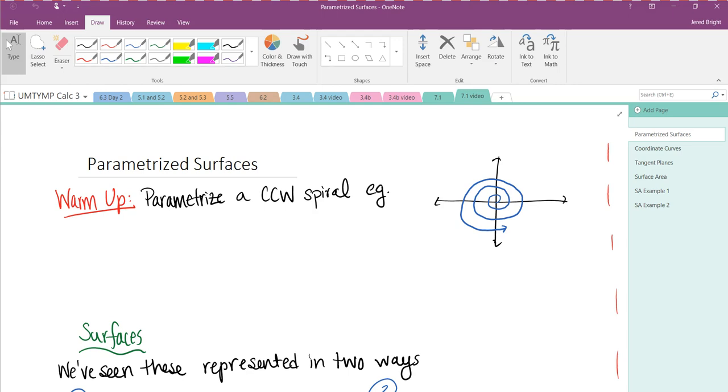Okay, well, hopefully you paused the video. My parameterization, not to say that yours is incorrect, is this. We're in R2, so we need two dimensions, right? So I did t cosine of t and then t sine t.